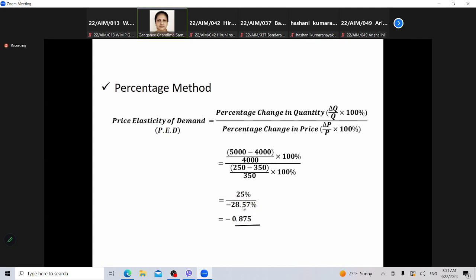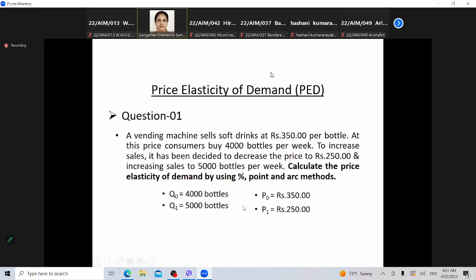So 50 means 100 divided by 350 multiplied by P divided by Q. That is the initial equation we got for the percentage method. See?